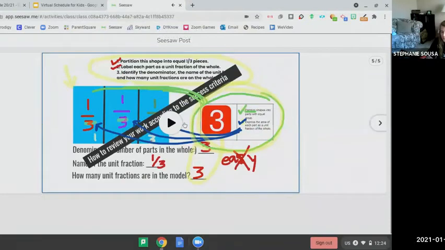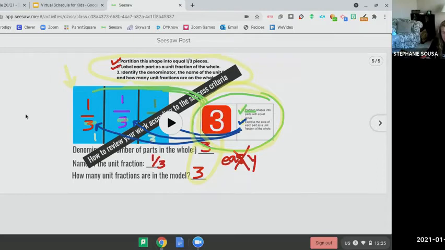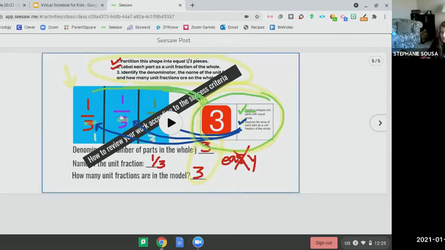Questions. We're getting better at this, but we're going to keep talking about it until we got it down pat, okay? When you're working, you should be actively thinking about what vocabulary have you learned and what way are you proving that your work is correct, okay? Saying it's easy or it's hard is not proving that you know what you're doing.